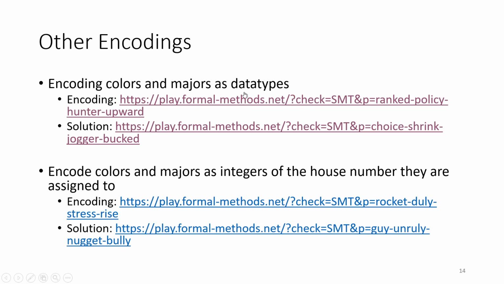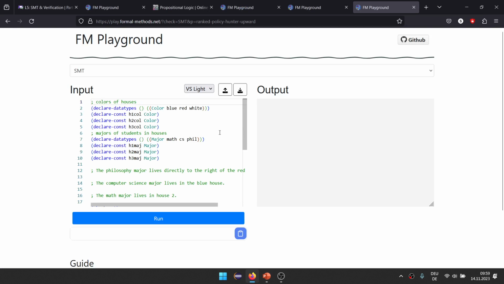Okay. So we basically defined these colors, and then we need to relate them somehow to the houses. There are multiple ways we could do this, either with predicates, or we can do this with variables, and we can simply say, well, there's a variable that holds the color of house 1.